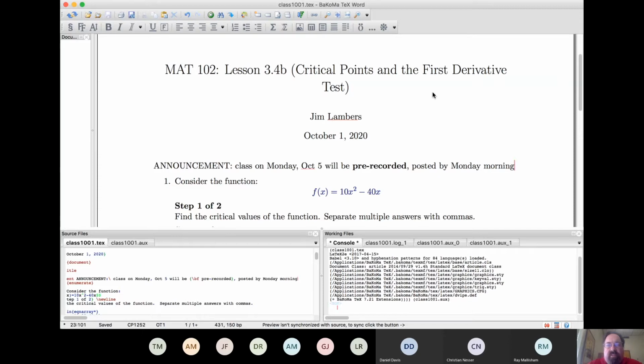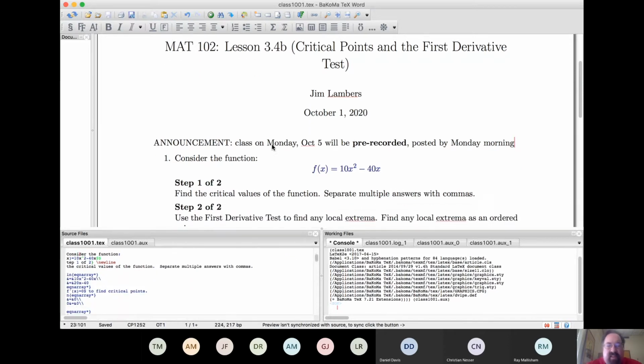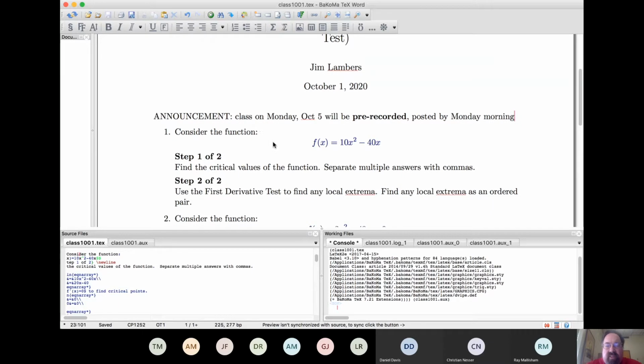So the first derivative test is used to help determine which one of these it is. What the actual first derivative test is, and what it means, is something I will discuss as we go through the problems.